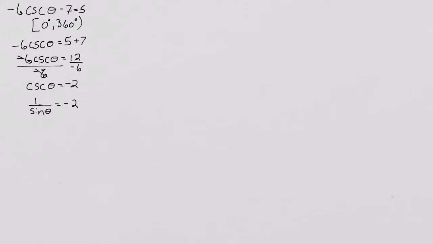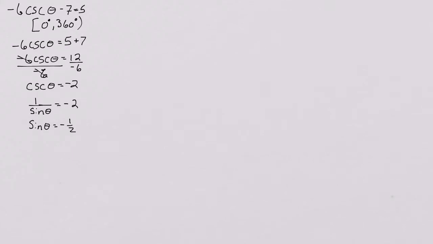I'm going to take the reciprocal of both sides, and that's going to give me sine theta equals negative 1/2. Cosecant theta of negative 2 is going to give you the same thing as sine theta of negative 1/2. And now we can use sine, cosine, and tangent because that's what we're used to seeing on the unit circle. Cosecant and secant and cotangent take a little bit more math than sine and cosine and tangent.